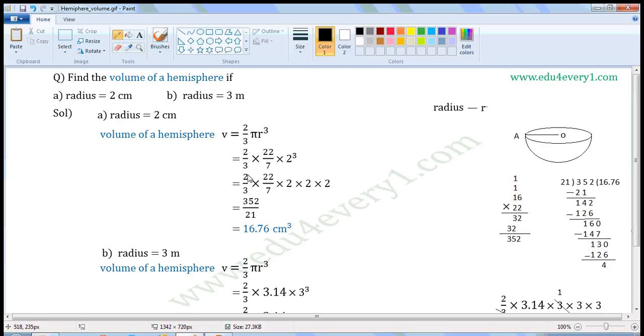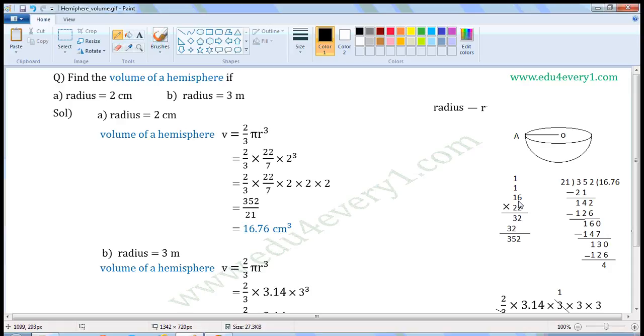Now 2 into 2 is 4, 4 into 2 is 8, 8 into 2 is 16. So let us multiply 16 with 22 in the rough work. 2 into 6 is 12, so write 1 here, 2 here. 2 into 1 is 2, 2 plus 1 is 3, so write 3 here.